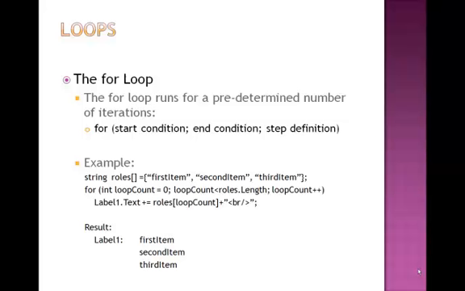So you make the loop run until loopCount is smaller than roles.Length, and you want loopCount to increase 1 at a time, and then you add to label1.Text the value of the items and a return. So the result will be first item, second item, and third item on 3 separate lines.